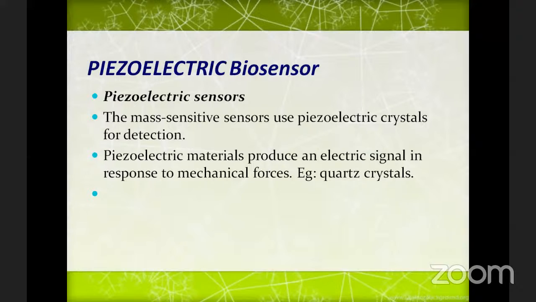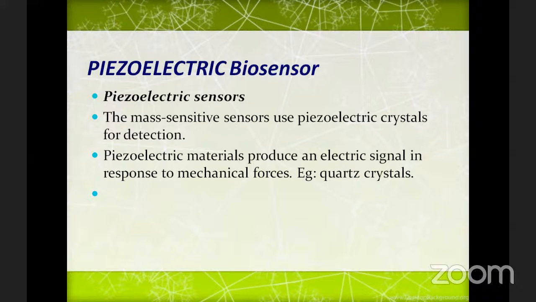Next slide. This frequency of vibration is an inherent property of this piezoelectric material when it is subjected to an oscillating input signal. And when the antibody is attracted towards the piezoelectric sensor, that deposit gets attracted by the layer of the piezoelectric crystal. Therefore, the mass of the piezoelectric crystal gets varied.